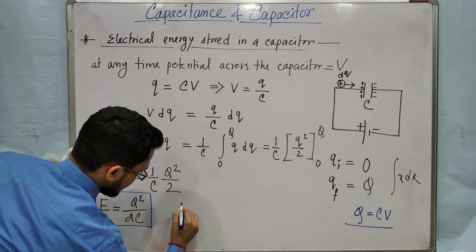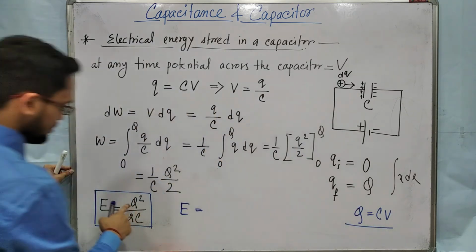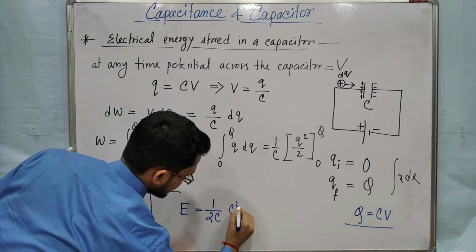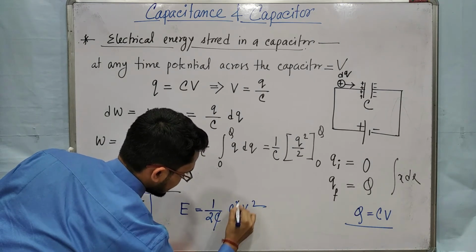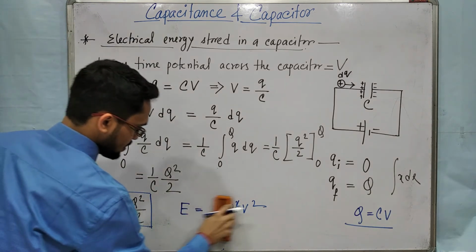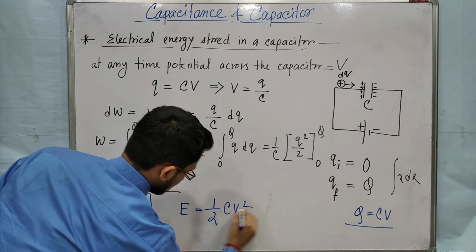So we can write E equal to, in place of Q, put C into V. So it will be C square V square by 2C. So 1 by 2C, then C square into V square. C cancels out. Then it will be half C V square.